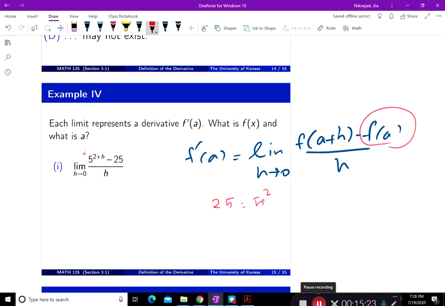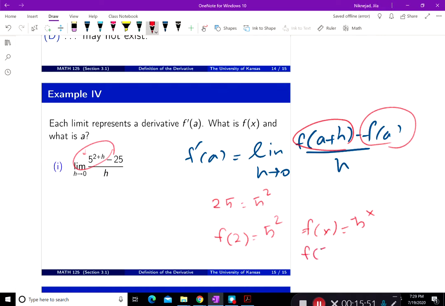So that makes basically f of 2 equal to 5 to the power 2 maybe, and f of x to be 5 to the power x. Does this fit the first one? Does that make the first one f of 2 plus h, basically?